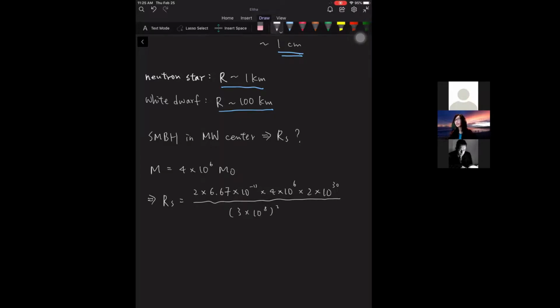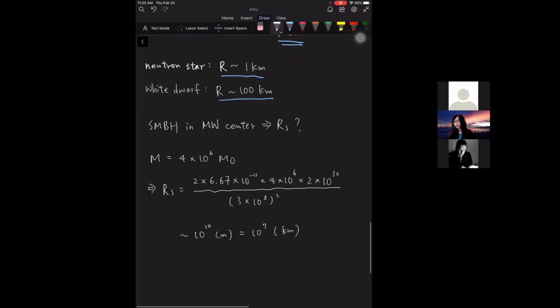Again, if you calculate this, you will get something on the order of 10 to the 10th in meters. And this is also 10 to the 7th in kilometers.